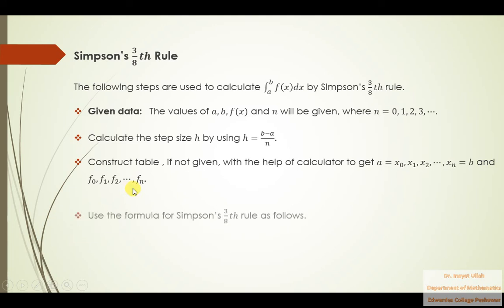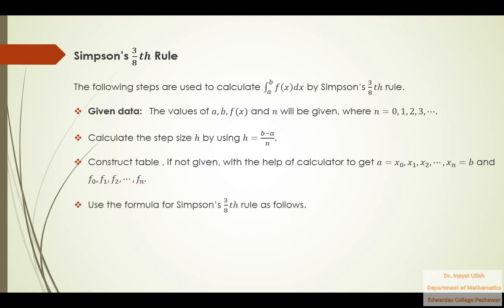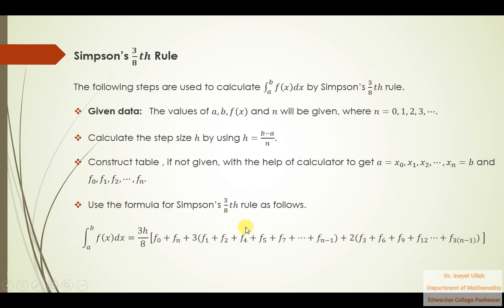The fourth step is different from the previous two, because this is the formula which is called Simpson's 3/8 formula, and this is what we call the Simpson's 3/8 rule formula.